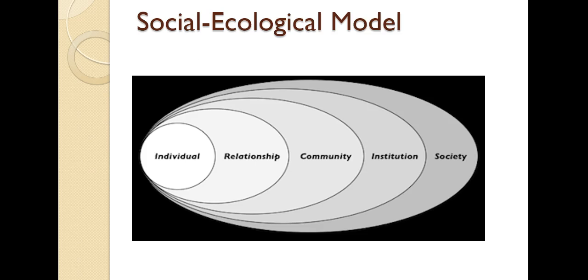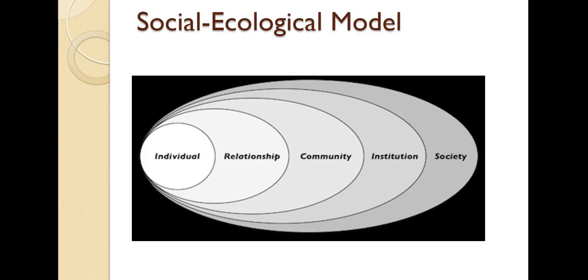The last model we're going to look at is the social ecological model, and in this model you're looking at 5 different levels of behavior. It's the individual, then the intimate relationships that that person has with family and friends, the community in which the person lives, the institutions in that community like schools or churches, and then society in general.